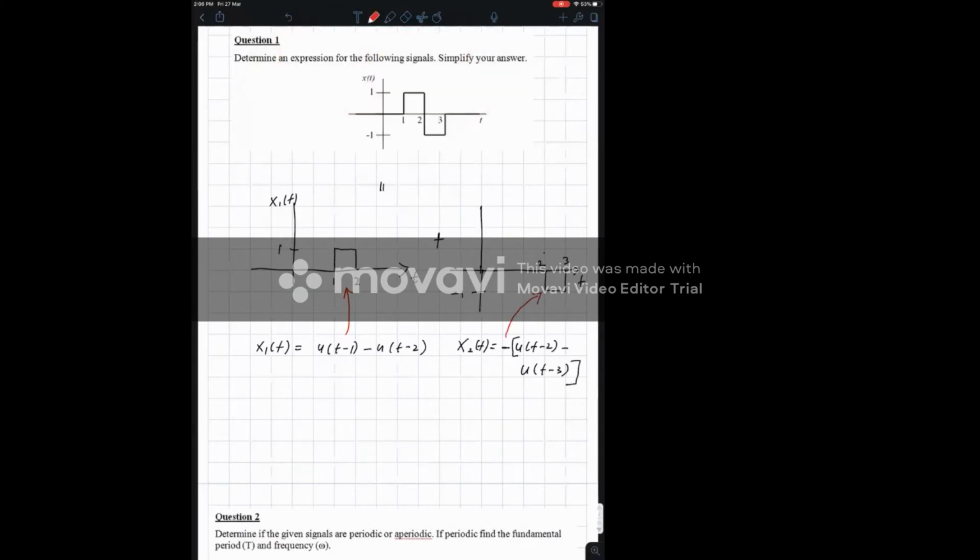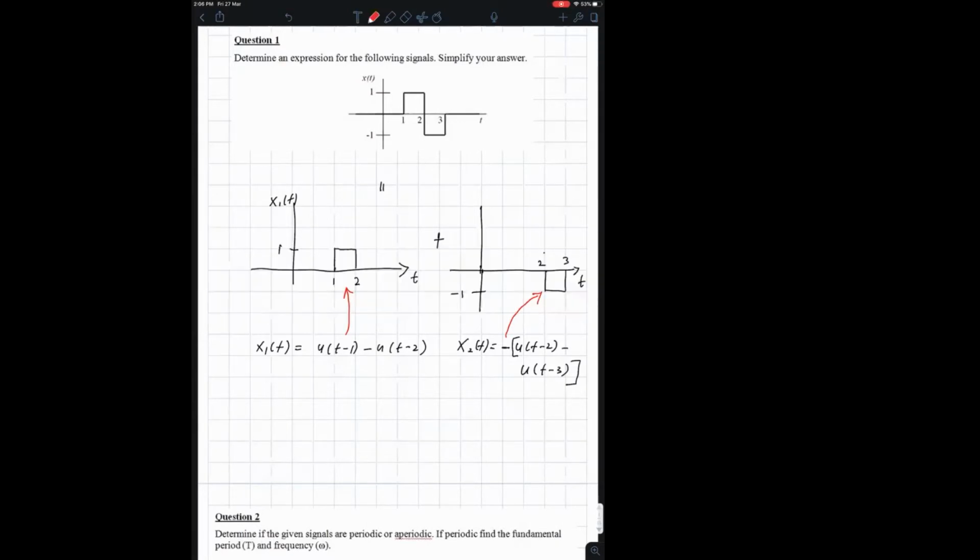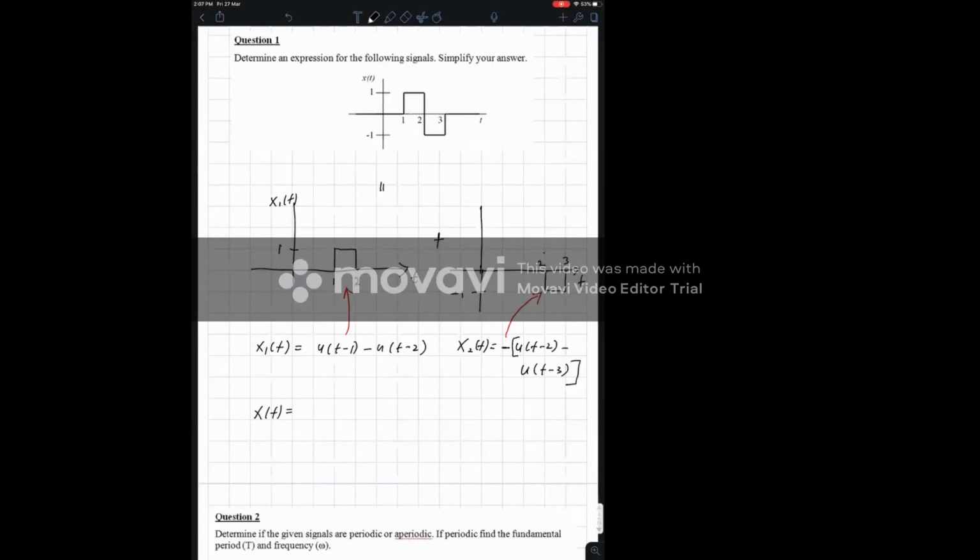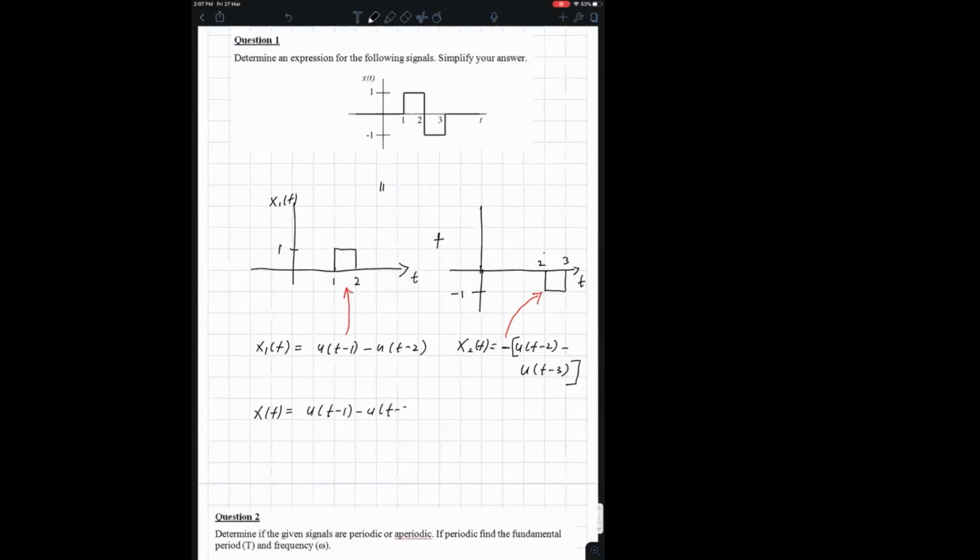So you have two different expressions for the positive part of the pulse and the negative part of the pulse. Now just add them together. You get u(t-1) minus u(t-2), plus the other signal.